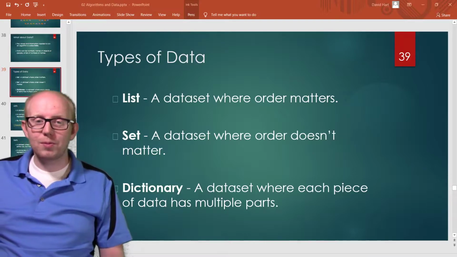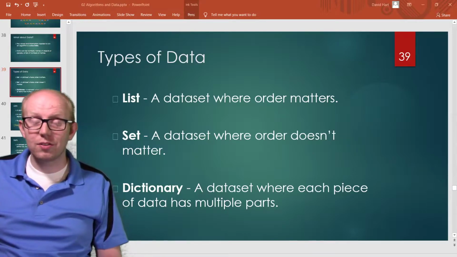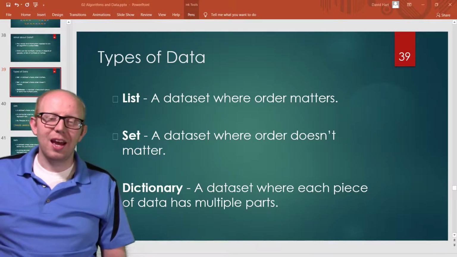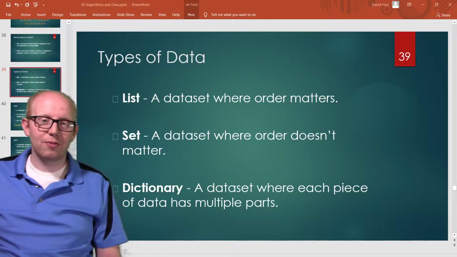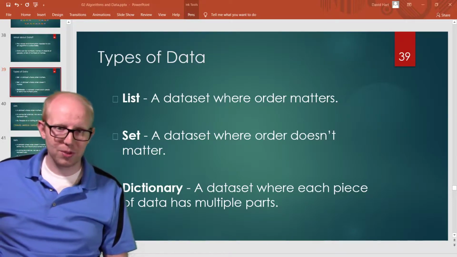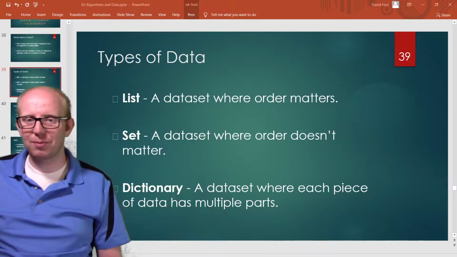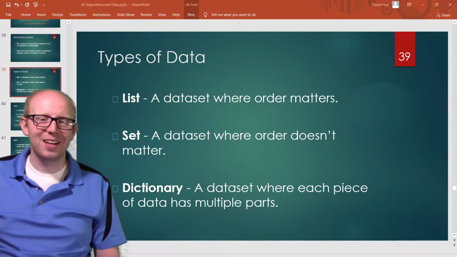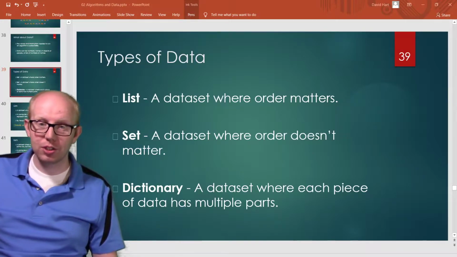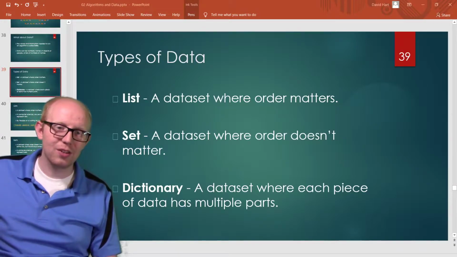But in terms of algorithms, we want to think about data in terms of how we're using it and how we're storing it. Obviously we have files and we use those files for opening photos on my computer or running programs, but the way those are stored actually matters a lot. So we want to look at three types of data that a computer actually uses and understand when we would use them.